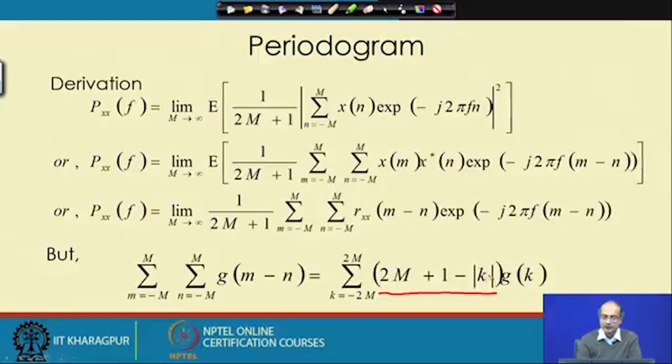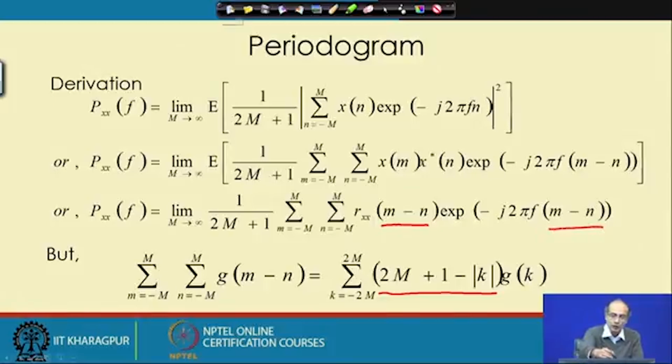Anyway, whatever may be the scaling, one thing is clear that we could replace this kind of function which can be expressed in terms of g of m minus n, having double summation with m and n, with a single summation when we take m minus n as the new index. So, we apply that in this case, because we get in this term that r x x is having m minus n term and exponential also has m minus n term.